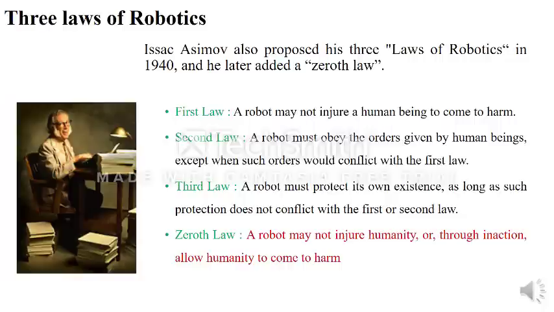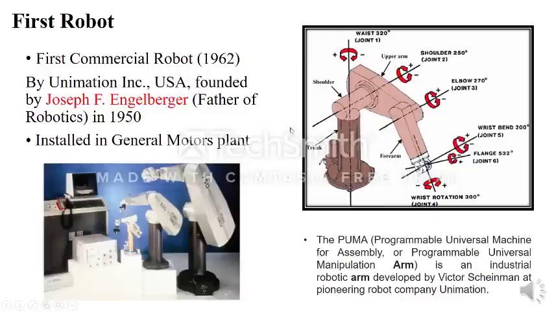Robot may not injure humanity or through inaction allow humanity to come to harm. So what does it mean? Robot is a slave. We should use robots for our mankind, not for destructive purposes. Yes, robot should not destroy us. Okay? These are the 3 laws of robotics, very important laws by Isaac Asimov.